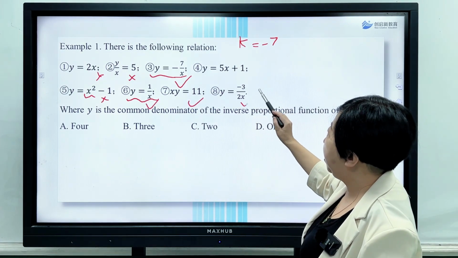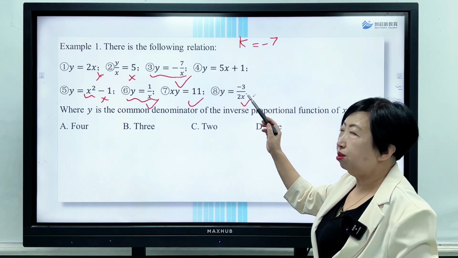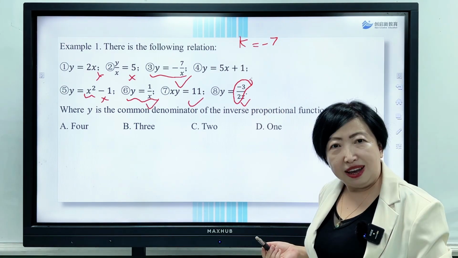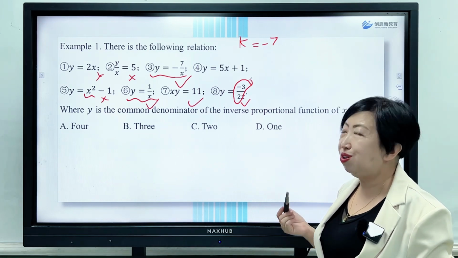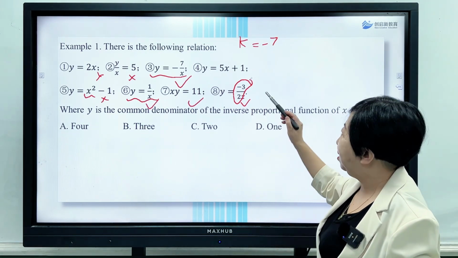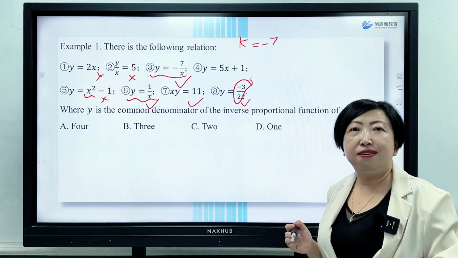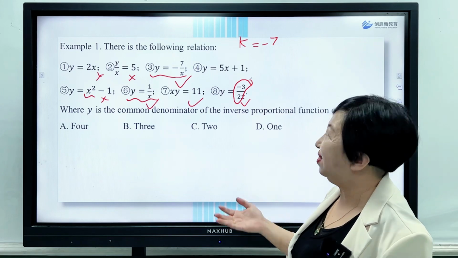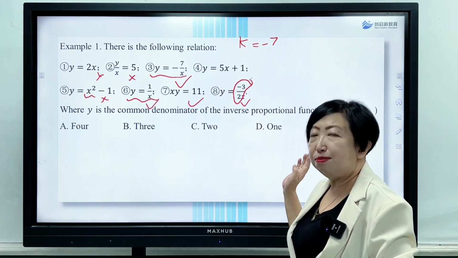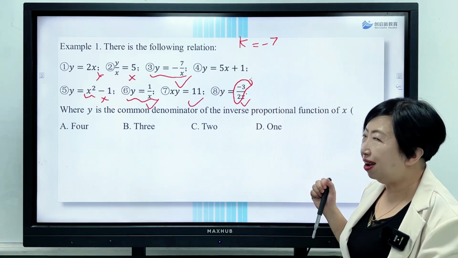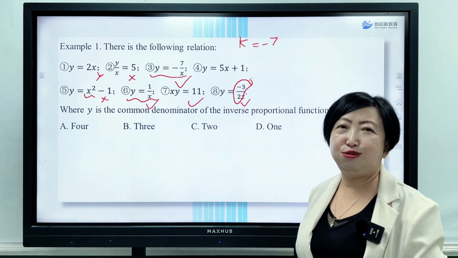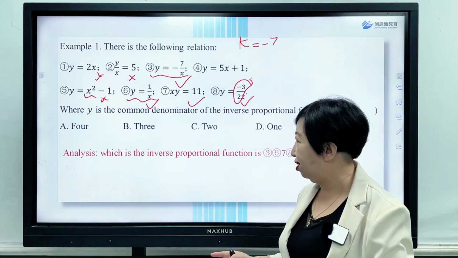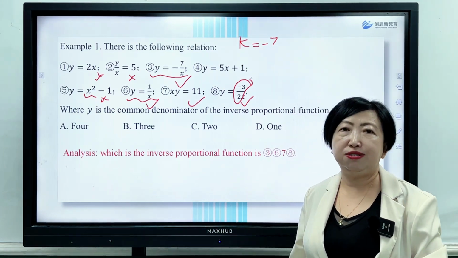Here y equals -2 divided by 2x. Here the inverse k is -3 over 2, which is right. It's an inverse proportional function. So we know there are 4 inverse proportional functions. Which one can we choose? The right answer is A.